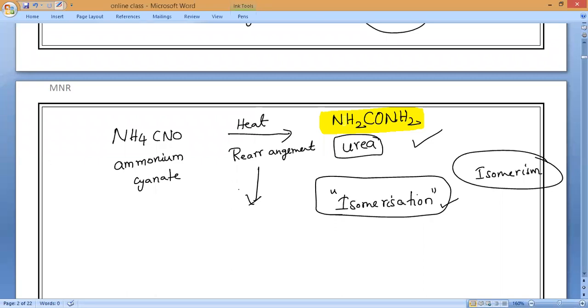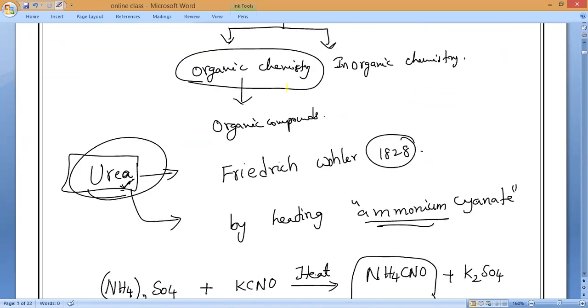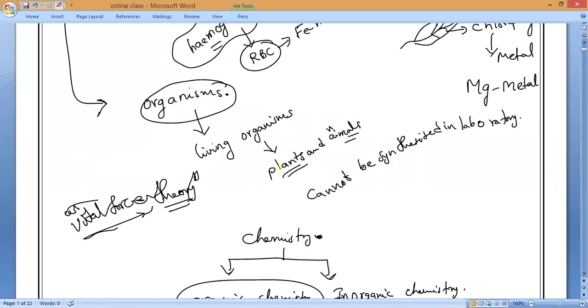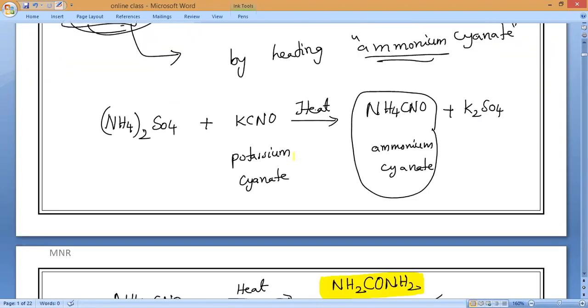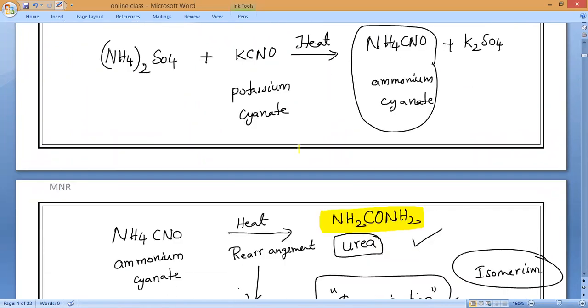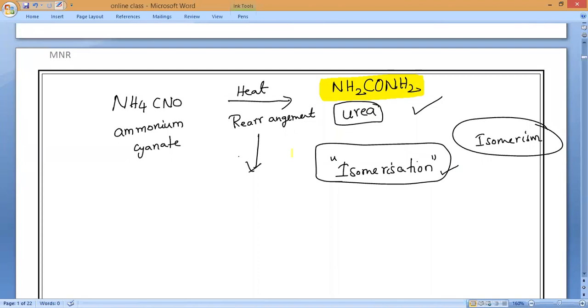So finally, organic compounds are defined as follows. Before, we used to believe that it comes only from where, guys? Only from plants and animals, living organisms. Later it was proved that organic compounds are made with carbon and hydrogen and contain other non-metals like nitrogen, sulfur, halogens, and phosphorus.